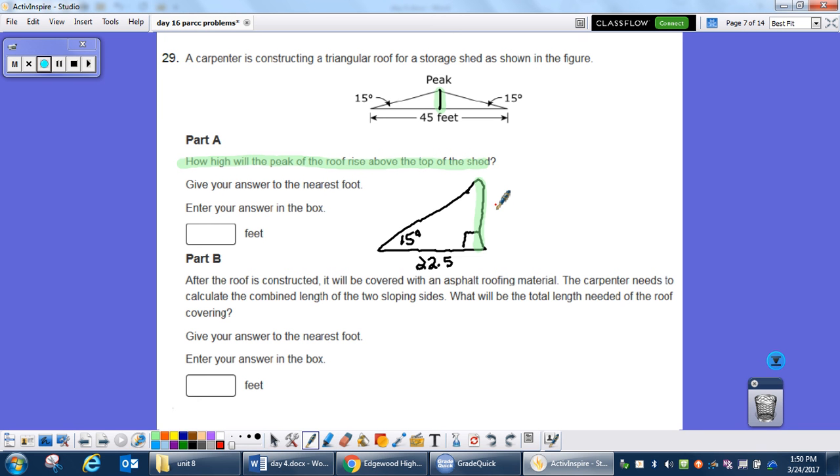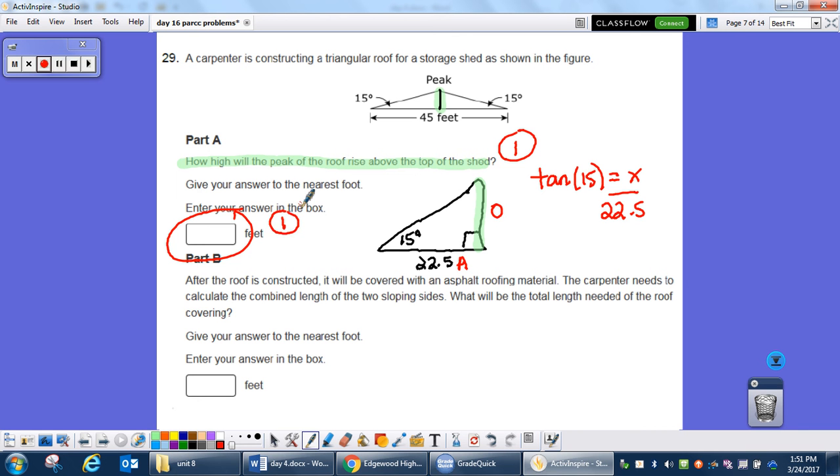We have an O and an A, which means we're going to be using tangent. So, tangent of 15 equals x over 22.5. Okay, and I will leave you to solve that on your own. So you will get a point for setting it up and a point for getting the right answer.